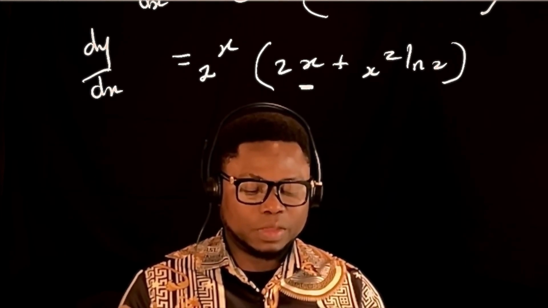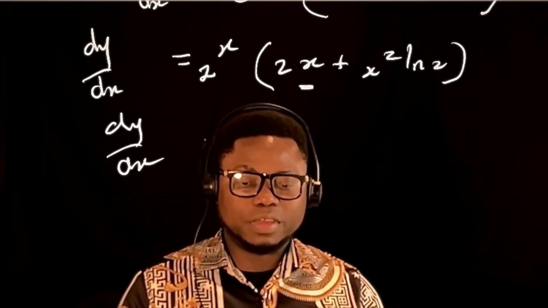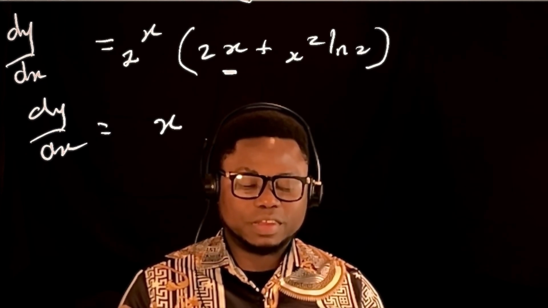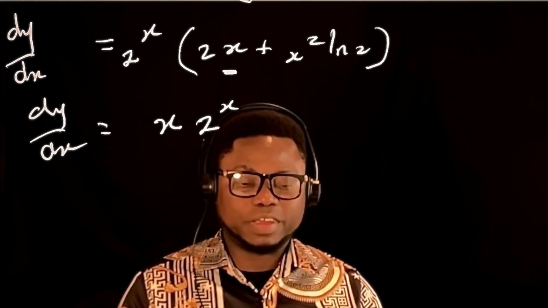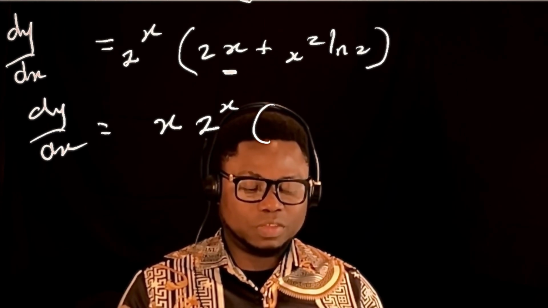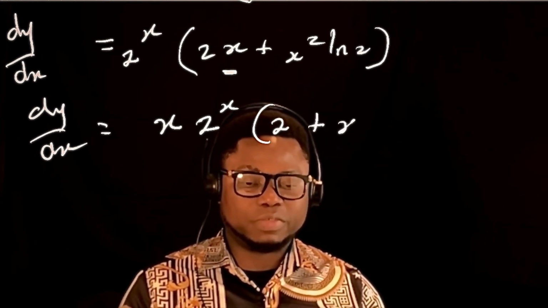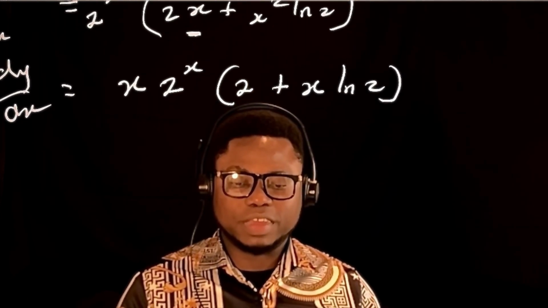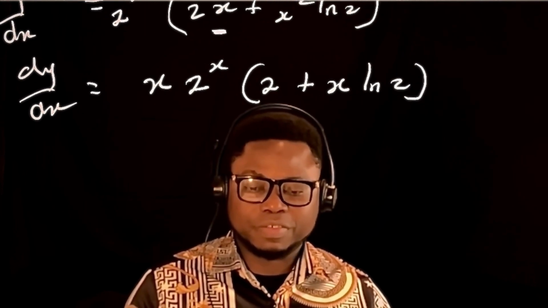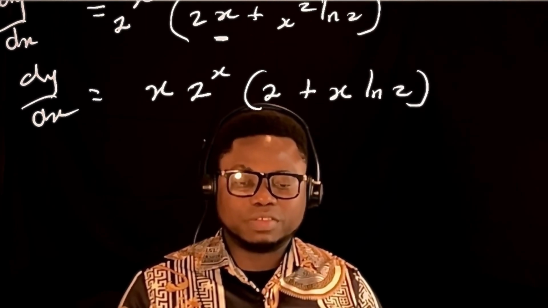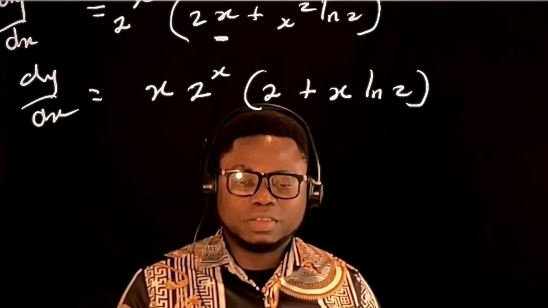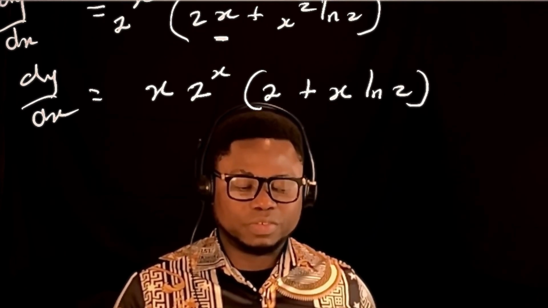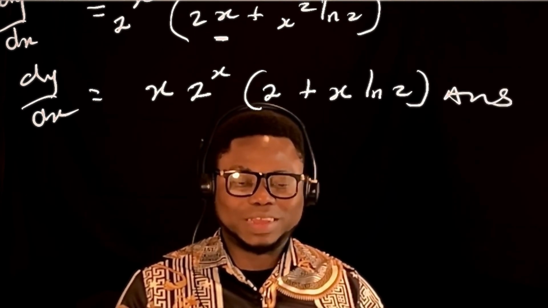So dy over dx is equal to x outside, and I'll have 2 raised to the power of x again, plus bracket 2 will remain here, plus x will remain here, then ln 2. So in this case, this is the answer. The derivative is dy over dx equal to x times 2 to the power of x, in brackets 2 plus x ln 2. This becomes the final answer.